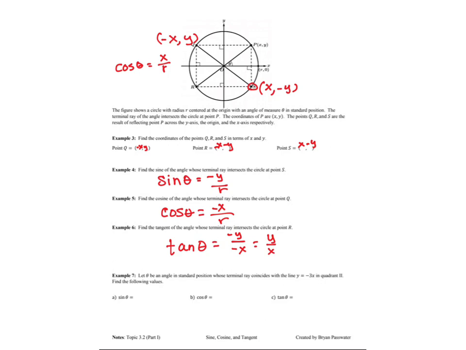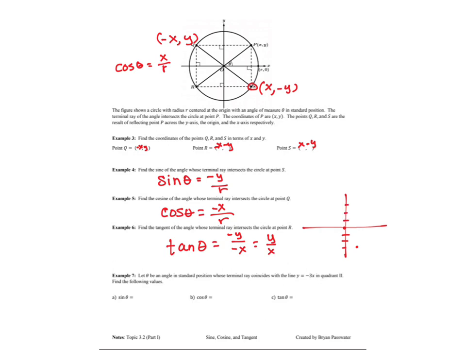All right, let theta be an angle in standard position whose terminal ray coincides with the line y equals negative 3x in quadrant 2. Okay, so let's get to graphing this. Graphing y equals negative 3x. Where does that line begin if I'm going to start at the origin? And from that value, 0, what can I do? Down 3, right 1, or what else could I have done?